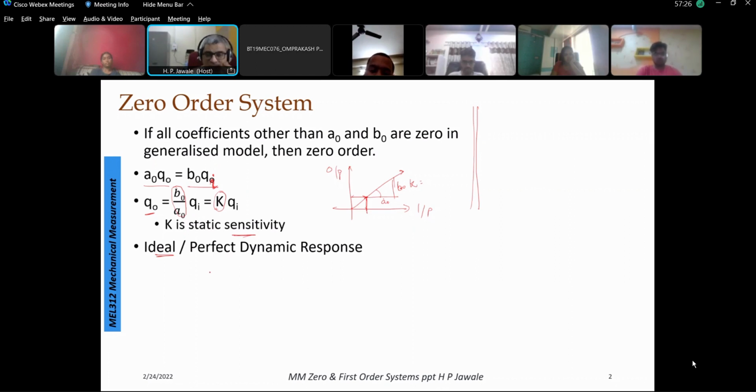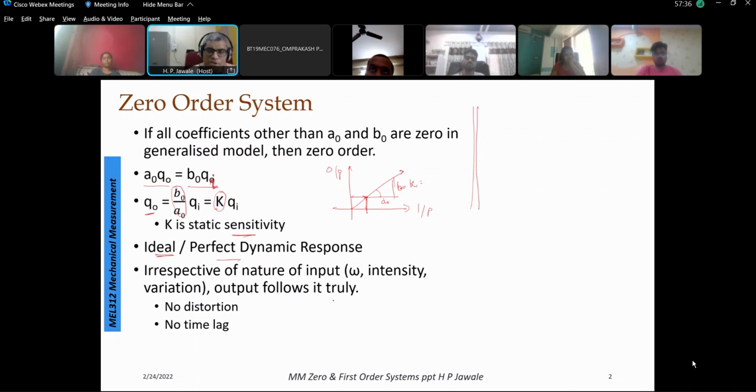That is why it is called an ideal or perfect dynamic response of the zero order system when applied with some standard input. Irrespective of the nature of the input, maybe with some intensity variation or some kind of angular speed, the output follows the given input very faithfully.